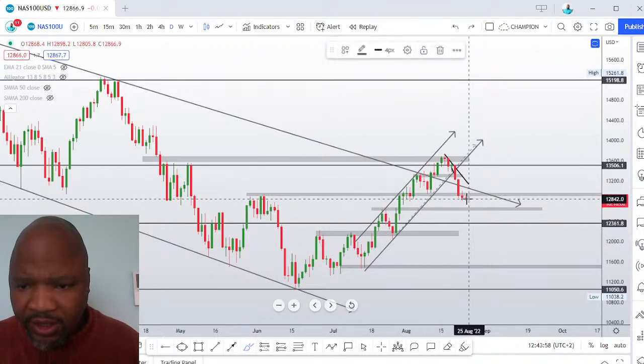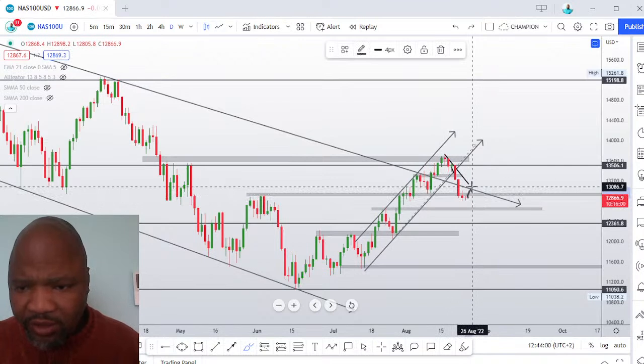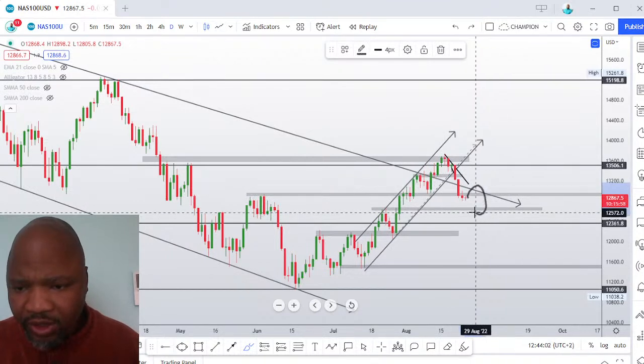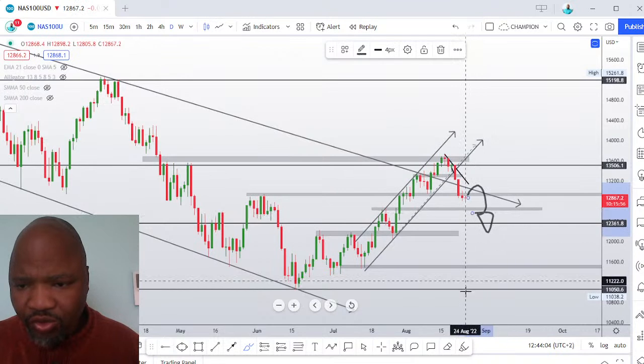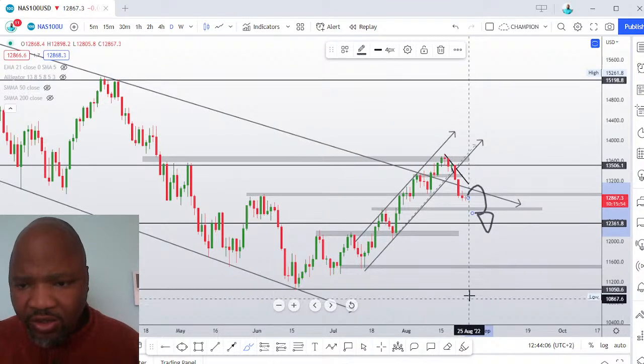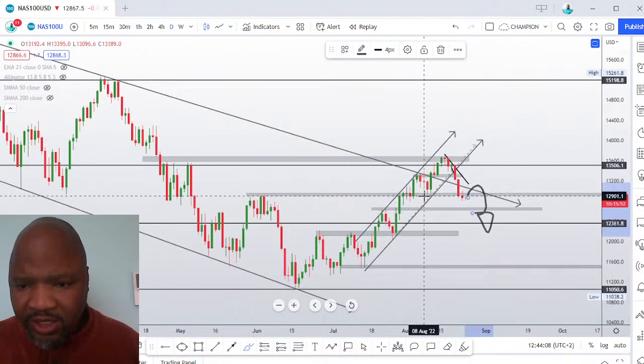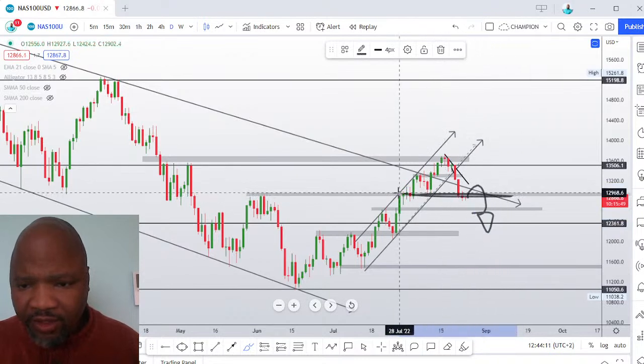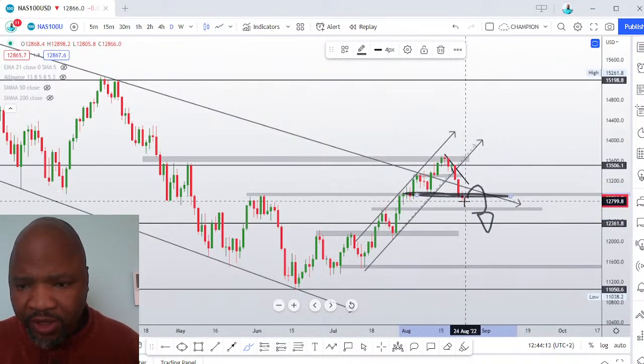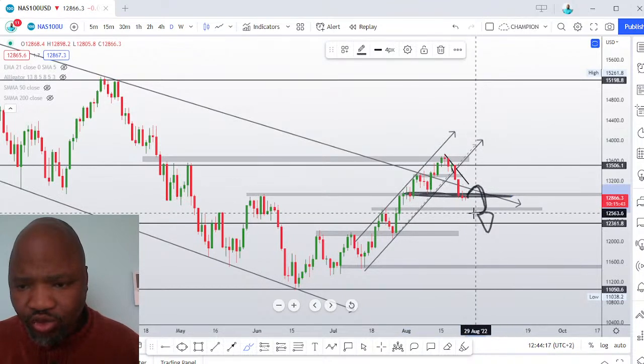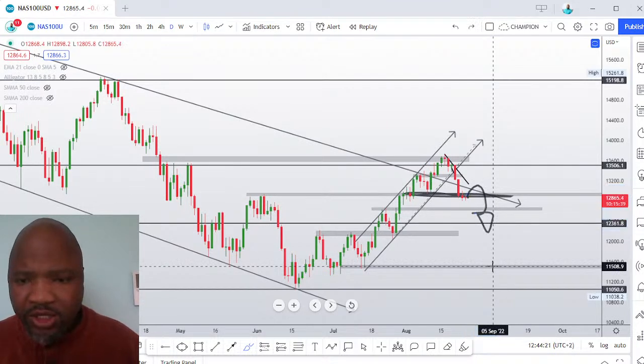I can see that our price might retest the level before we push towards the downside, because at the moment I can't say this is the level that was tested, but I believe the price still has to retest and push towards the downside. I hope this makes sense.